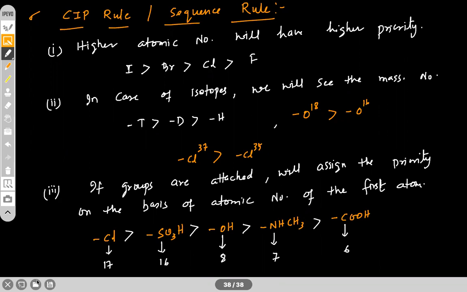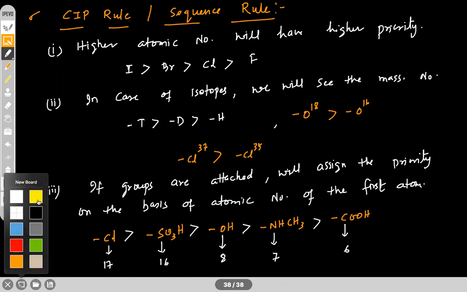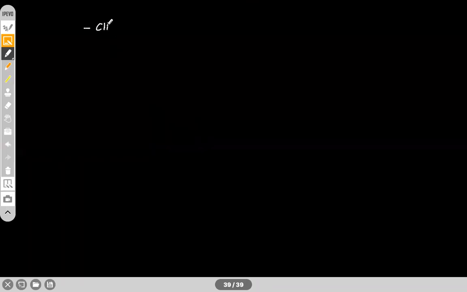Now what happens sometimes, two groups have the same atom attached to a double bonded carbon. For example, if this is the group attached, CH2CH3, another one is CH3, and another one is COOH. If these groups attach to the double bonded carbon atom, then what we'll do, see, the first atom is carbon only here, right?